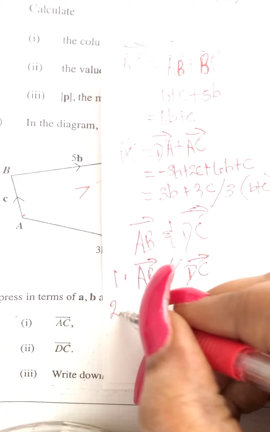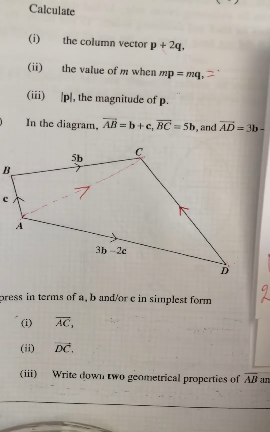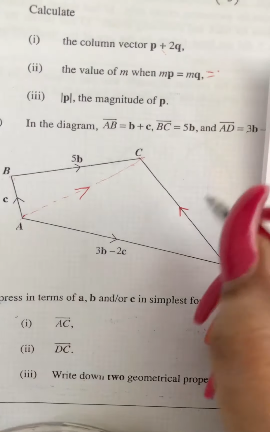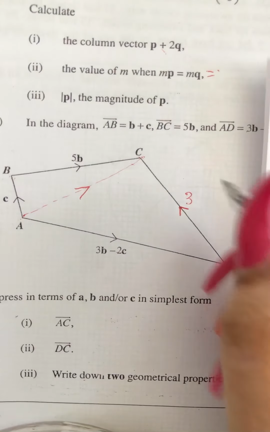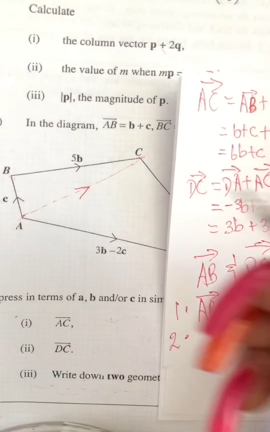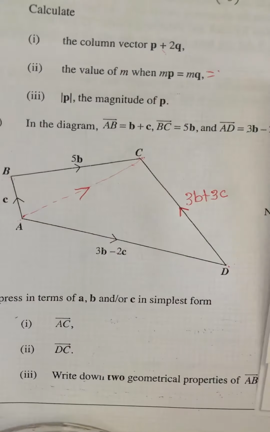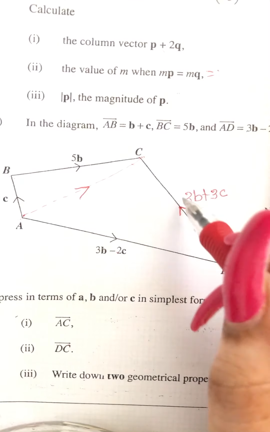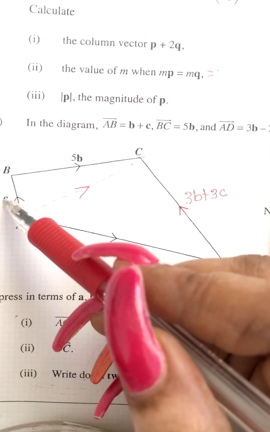So we need one more. We just found DC, so I'm going to write it in. DC was 3B plus 3C. Look carefully at the other answer. Don't you see that this here is 3 times as much as this one?